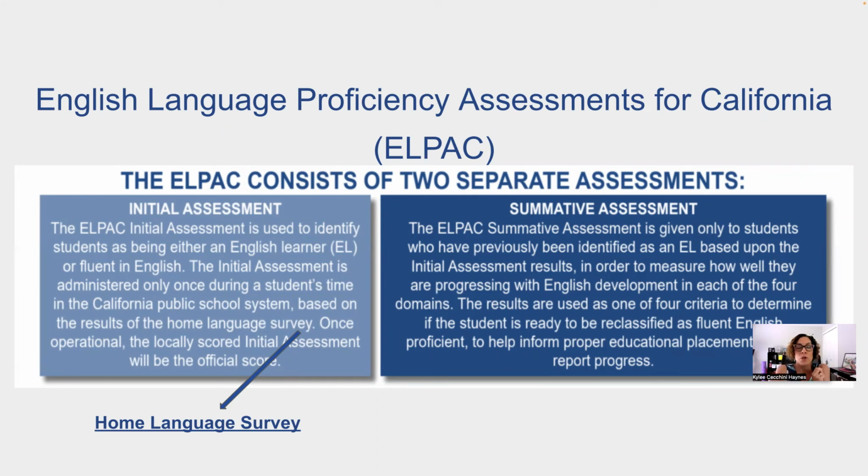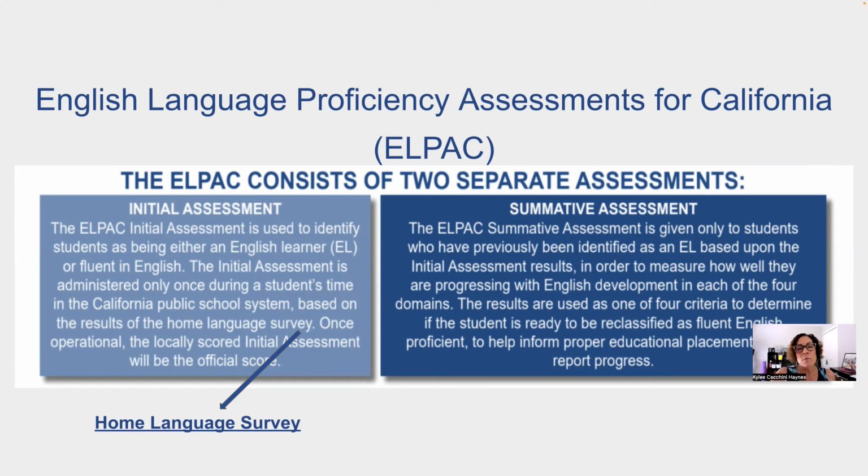All right, so the LPAC, there are two tests. One is the initial assessment. It is only taken one time in a student's schooling career in California. And it is based on the results from the home language survey. So what is the home language survey?